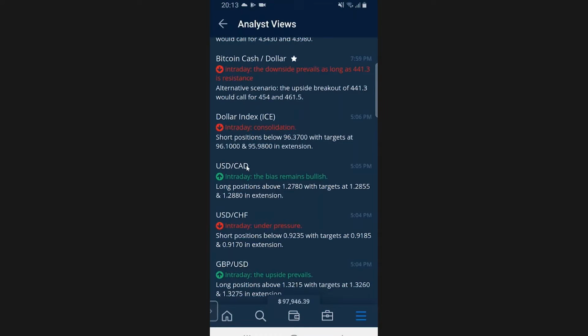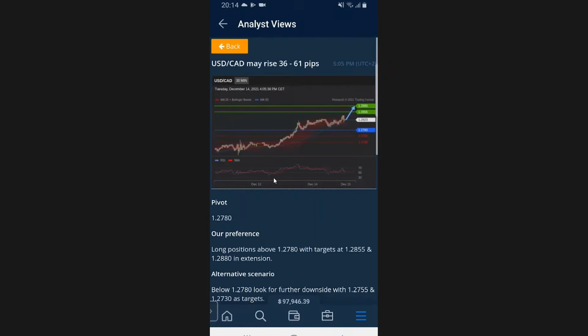Okay, so you can start to break down these signals and say, okay, which one do I trust the most based on my fundamental understanding? And if you say, okay, USD Canadian seems like that's a good pairing. And so then you take a look and you say, let me tap on USD Canadian and expand it. And it breaks down the price levels. It's got your take profit lines, are the green ones up here.